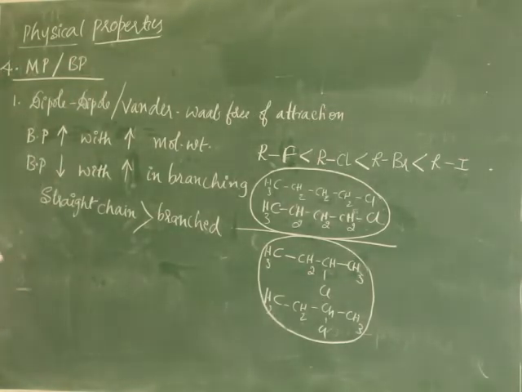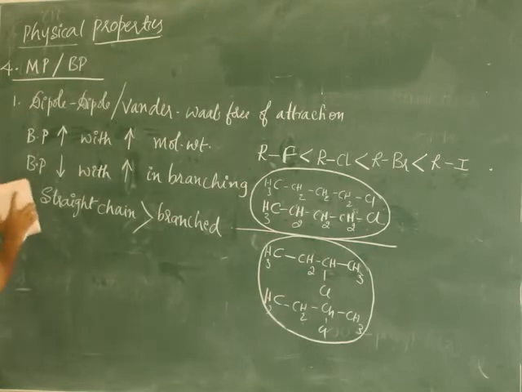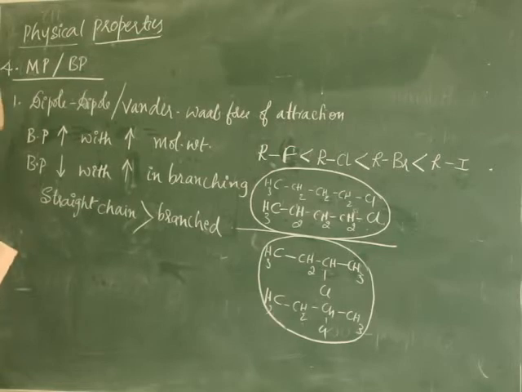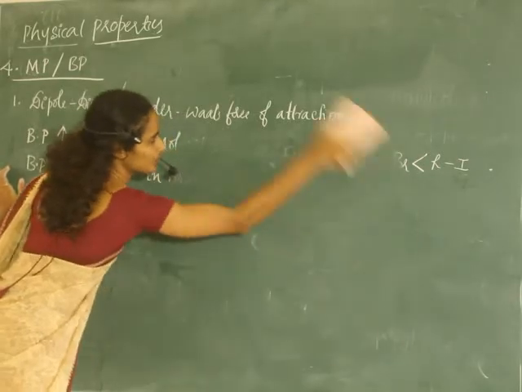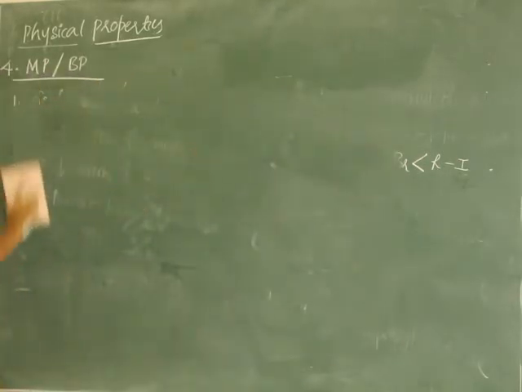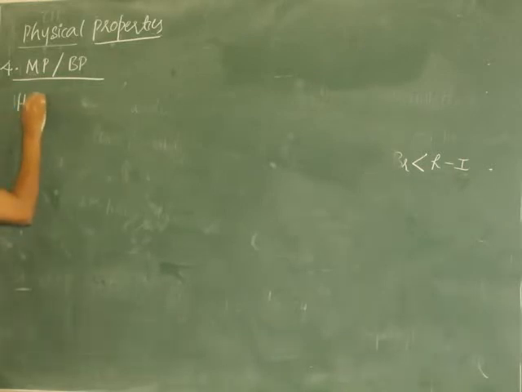That's about the boiling point of alkyl halides. Now we'll discuss haloarenes: boiling points and melting points of haloarenes.